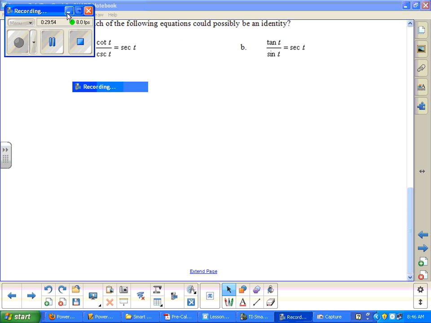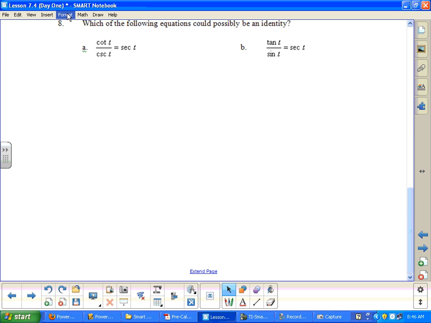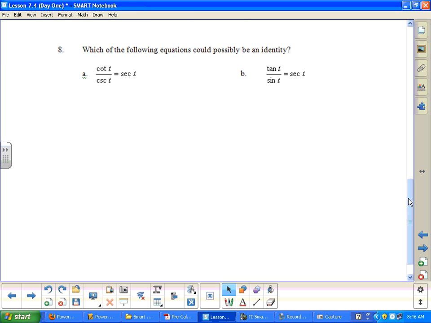Okay. All right, so number 8, we're doing the same thing, except the functions we're using are a little bit more difficult. Now here's where the fraction key on your calculator will come in handy if you have it available. If you don't, then you just have to work with it.